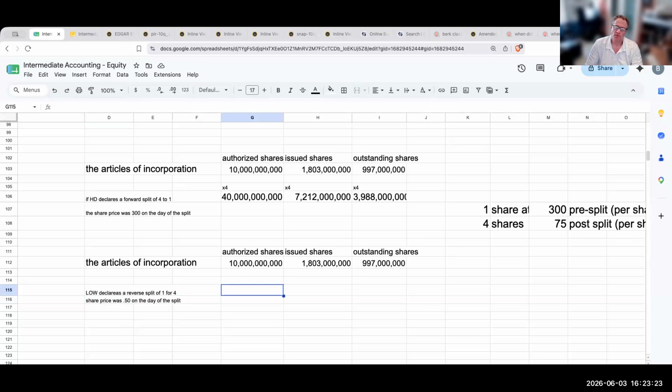So when I'm doing a 1-for-4 reverse split, what exactly does that mean? I'm taking 4 shares away from that investor and giving them back one. So this is now multiplied by 1/4.